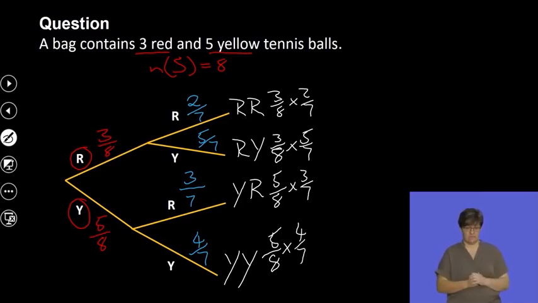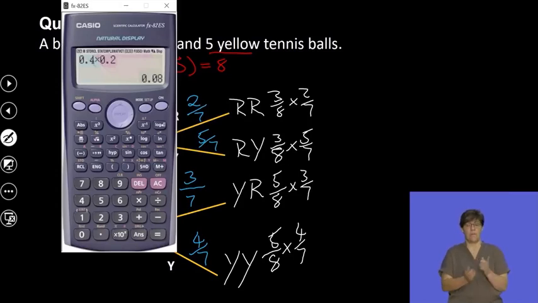Okay, let's get the calculator up and make sure that we can get these values. So clear it, and then let's go 3 divided by 8. I'm going to do it with the fraction button. It's going to be a little bit easier, I think. 3 divided by 8, multiplied by the fraction again. We want 2 out of 7.